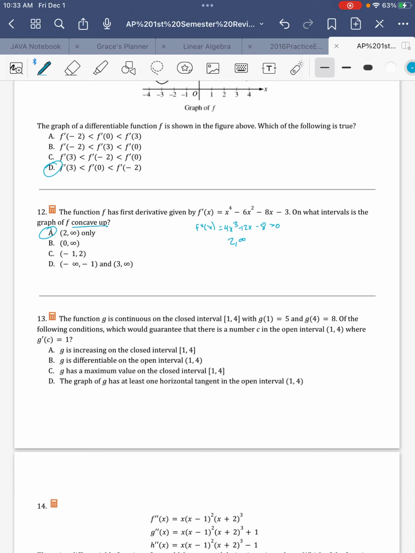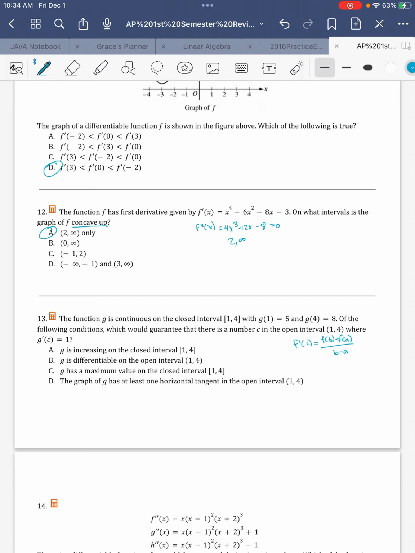So in Unit 4, we talked about something called the mean value theorem. And the mean value theorem says that the derivative is equal to f of b minus f of a over b minus a. The instantaneous rate of change is equal to the average rate of change.